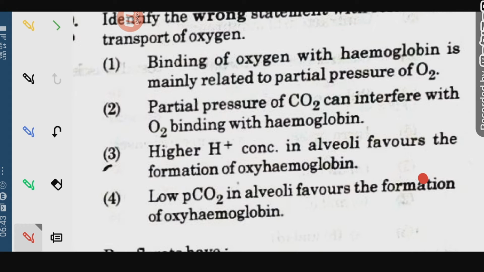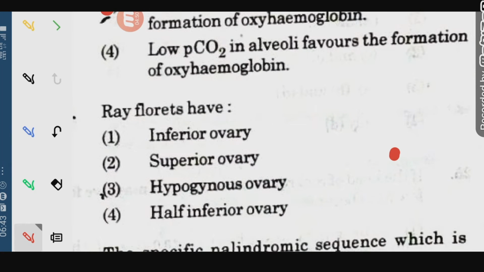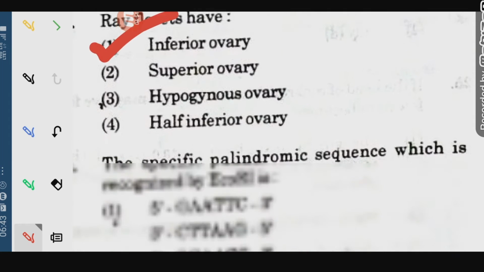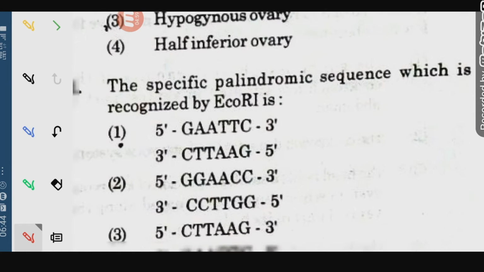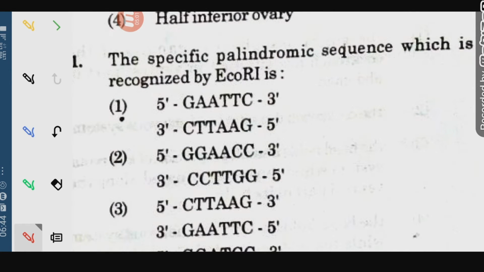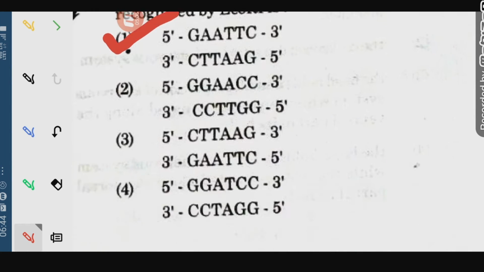The wrong statement is higher concentration of H plus ions in alveoli favors the formation of oxyhemoglobin. Then ray florets have inferior ovary. The specific palindromic sequence which is recognized by EcoRI is this one, the first option.